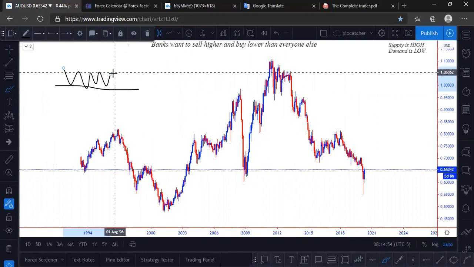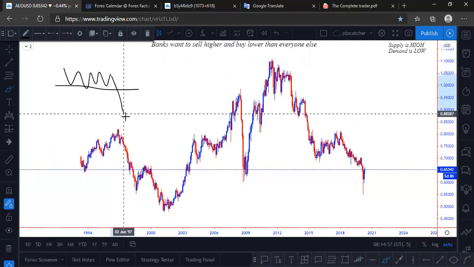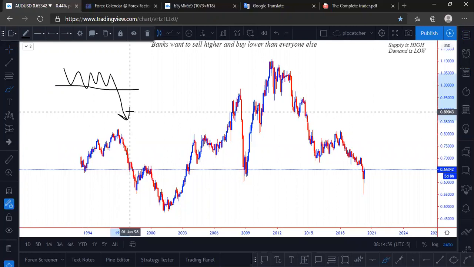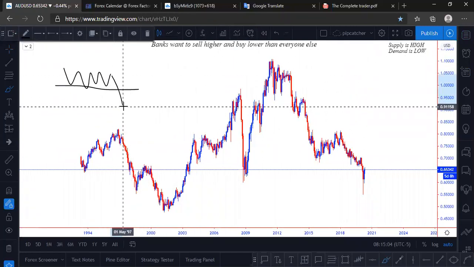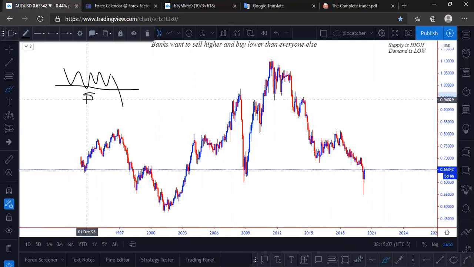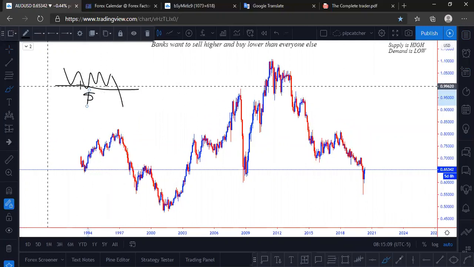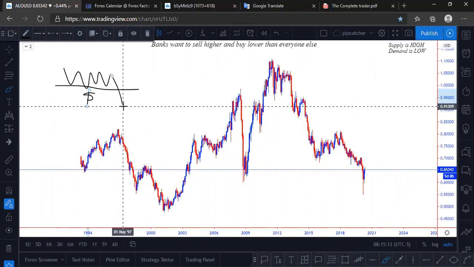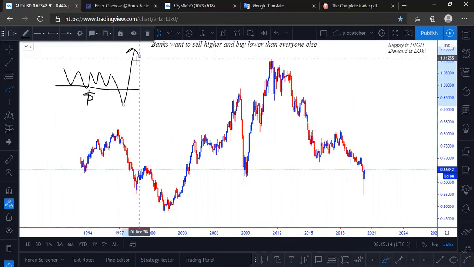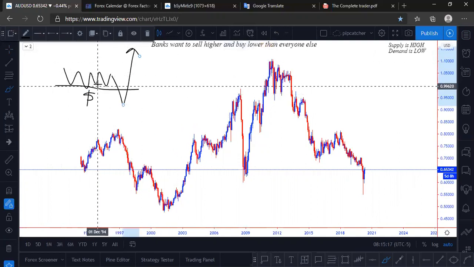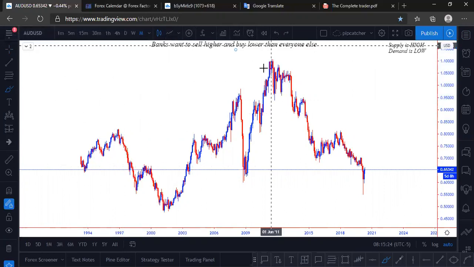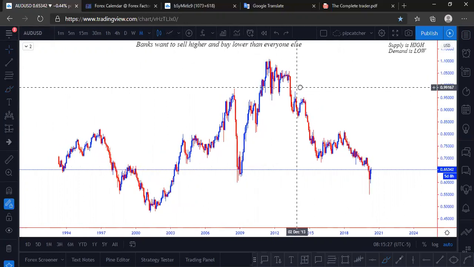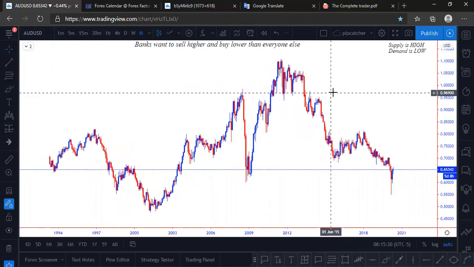Either price is going to break through this and continue to the downside, or it's going to break through this like that, hitting all of this liquidity, or support, as retail would say, and then continue in the intended direction that everyone else was wanting it to go in the first place. So that's why I don't believe that support and resistance actually exists.